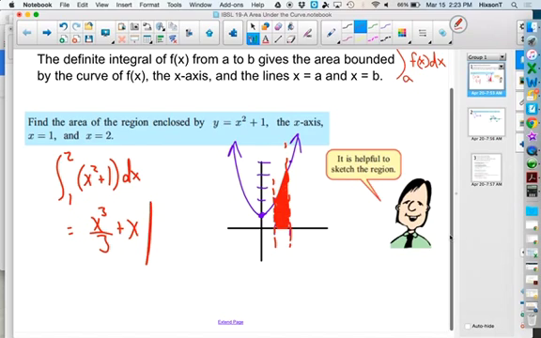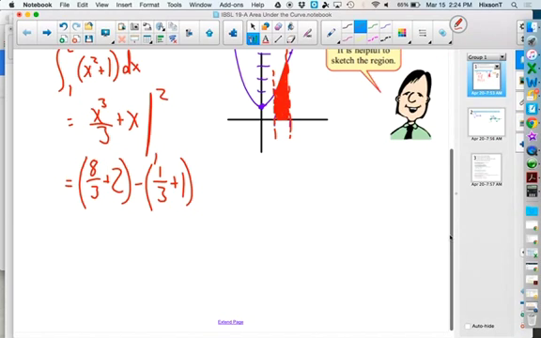Now, fundamental theorem of calculus, we're going to evaluate that from 1 to 2. This evaluated at 2, we have 8 over 3 plus 2, minus this evaluated at 1, that's 1 over 3 plus 1. It's f of b minus f of a.